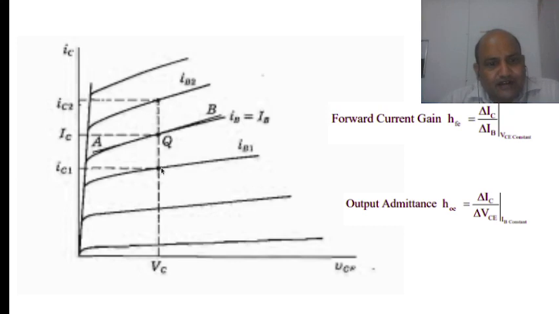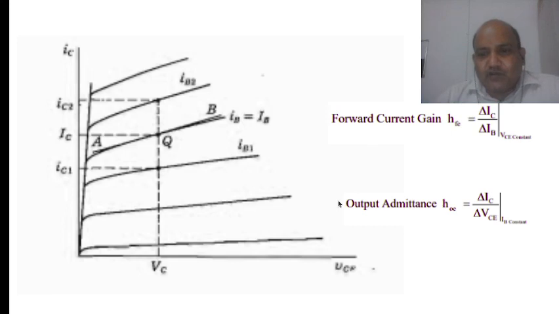Here you will get one collector current, here another collector current, and here IB2 is a different value, here IB1 a different value, then VCE is constant. If you take IC2 minus IC1 and divide it by IB2 minus IB1, you will get the current gain.